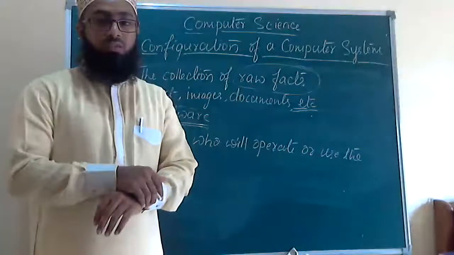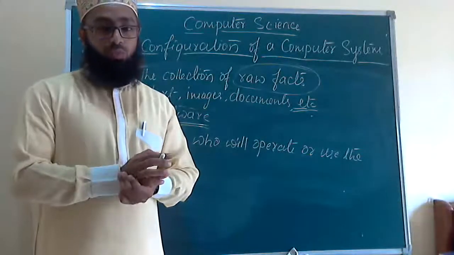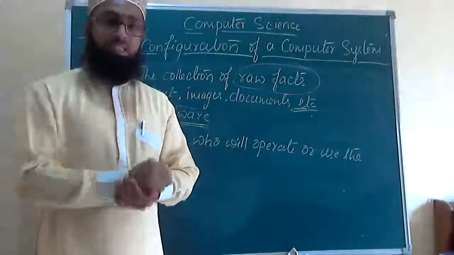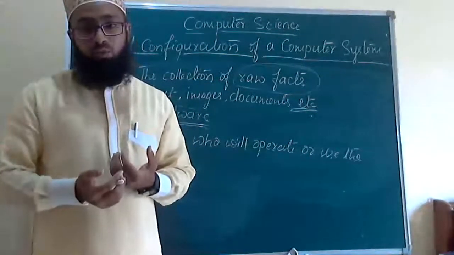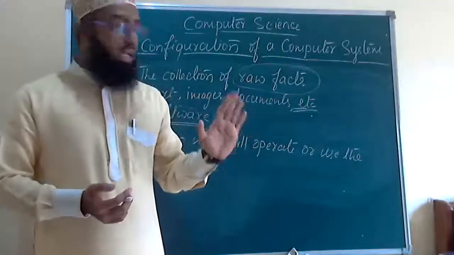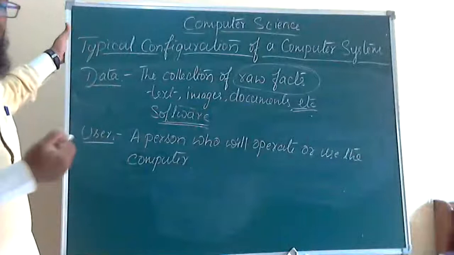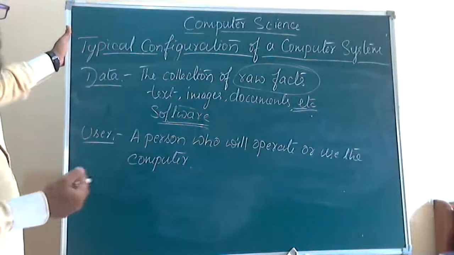As we know, no one can operate the computer except human beings. Robots will operate, that is the other thing. But the human will operate the computer, no other person will. And one more definition here we can give: a person who will operate or use the computer is called a user.